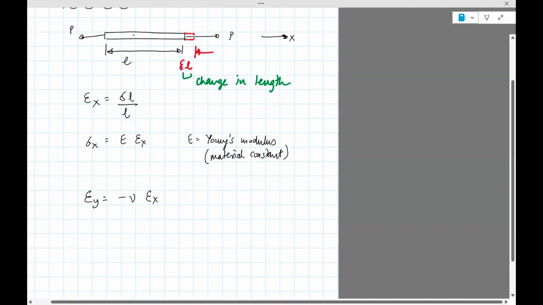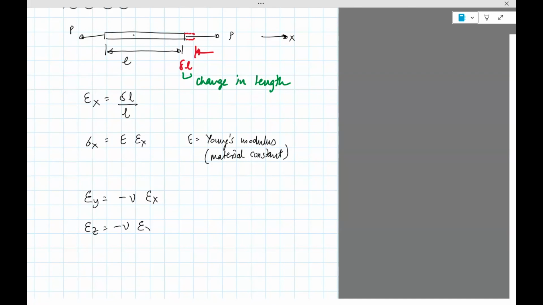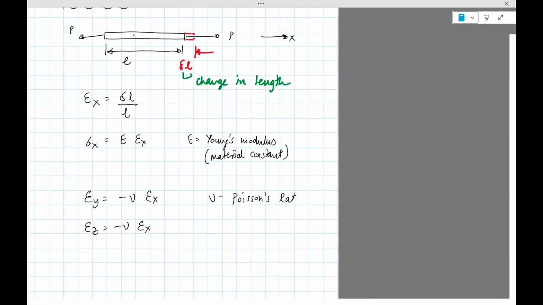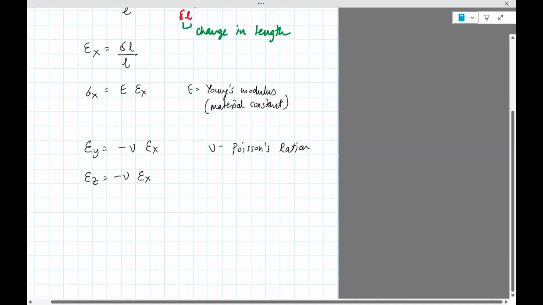It's actually, that symbol is nu. Nu times epsilon x, and epsilon z equals nu times epsilon x. Nu is called the Poisson's ratio. It's a non-dimensional number.